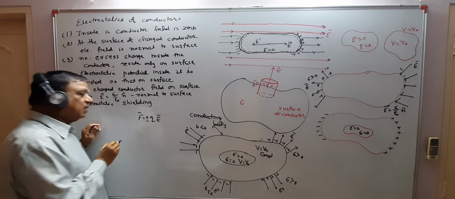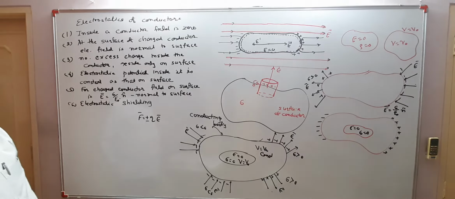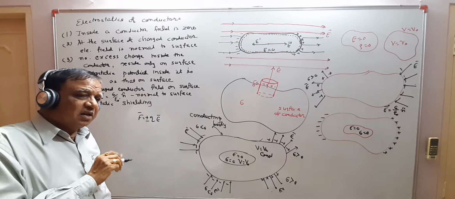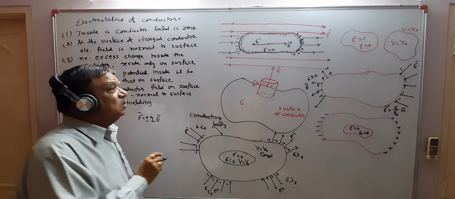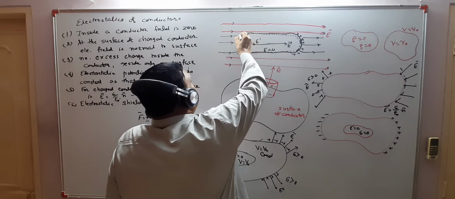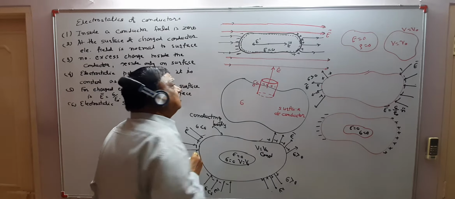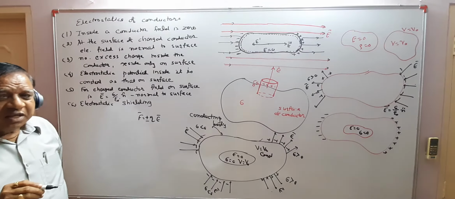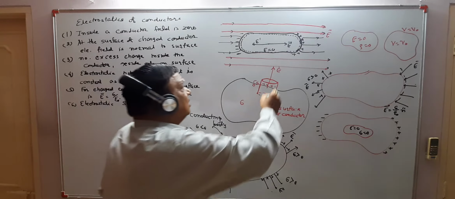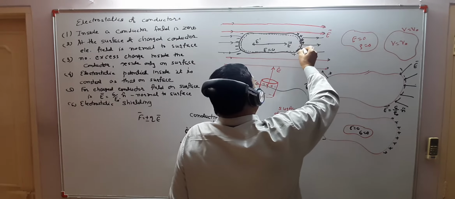If negative, then opposite to the electric field. Due to this force, drifting of the electrons occurs, so electrons are deposited on one end of the surface, and due to the lack of electrons on the other end, we get positive charge.